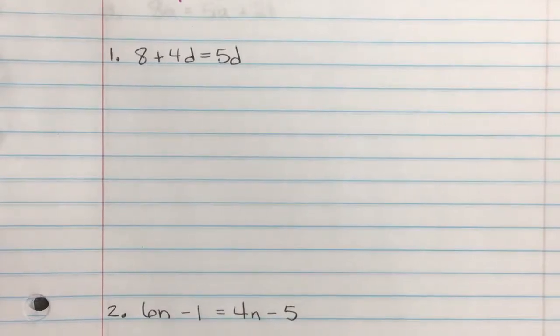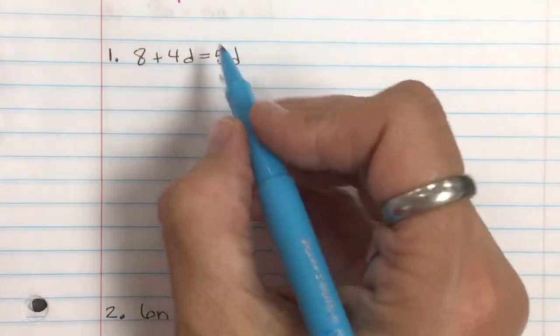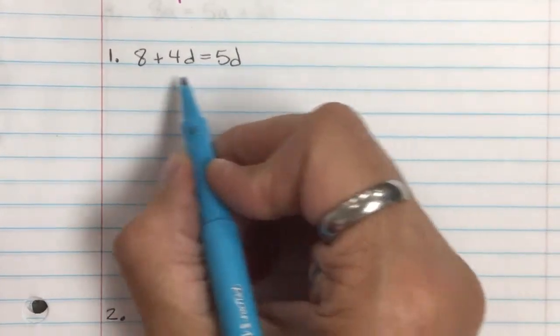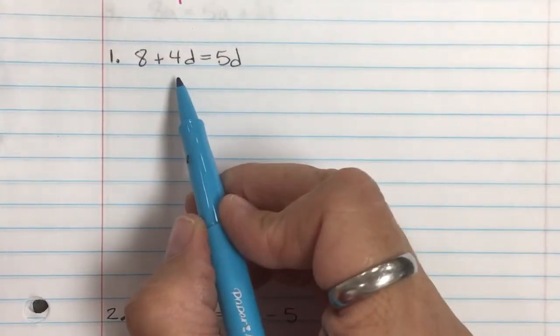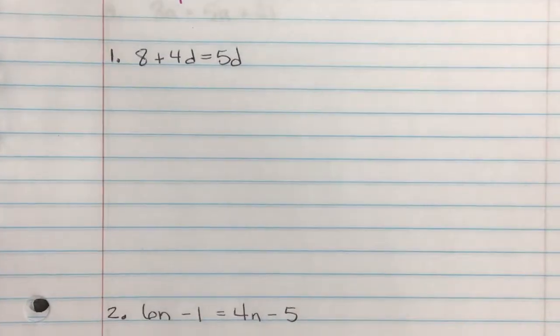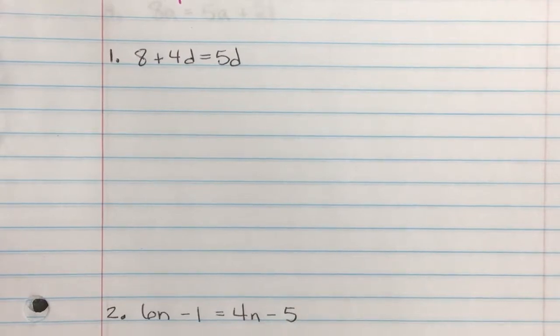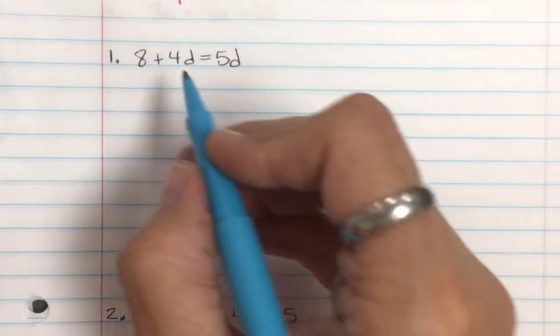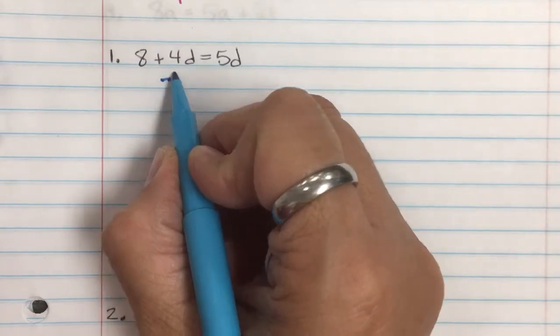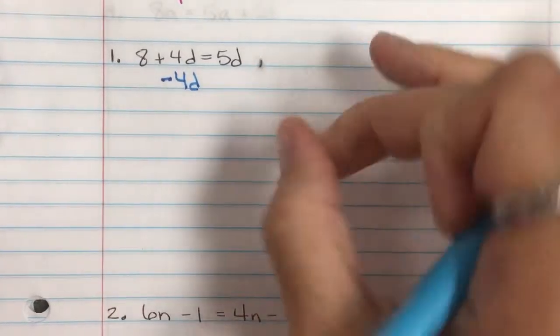So the very first thing that we're going to do on this equation is we want the variables on the same side. If you notice, we have variables on both sides of the equation right now. But I don't want that. I want it to have the variable by itself. So I'm going to subtract 4d from both sides.